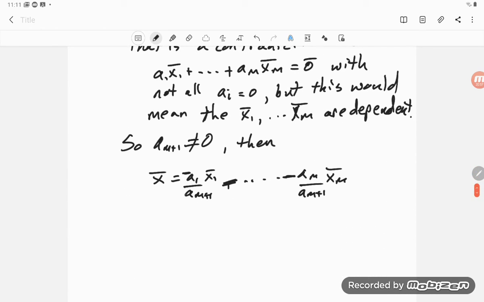That made all the coefficients negative. I divided by a sub m plus 1, which I can do because it's not 0.